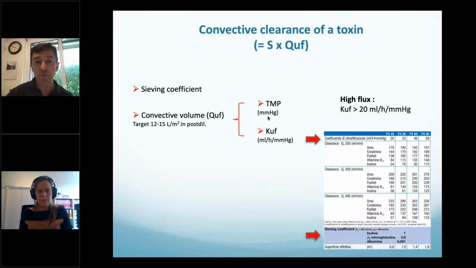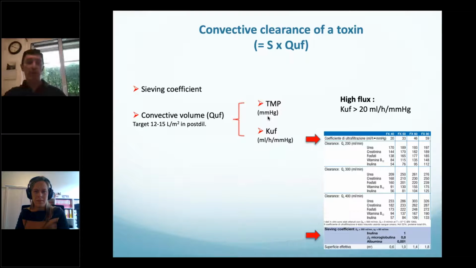If the ultrafiltration coefficient is high, this means that this membrane can generate a huge amount of ultrafiltration with a small TMP. And high flux filters are therefore very useful for convective modalities.